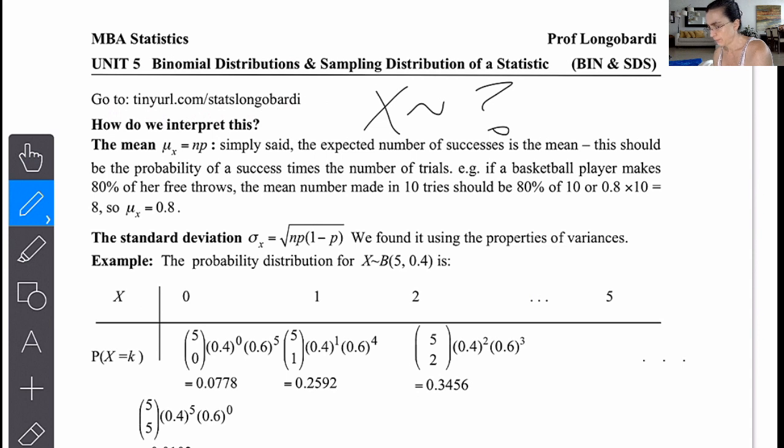Well, it turns out that the mean of the distribution of all possible outcomes will be n times p.